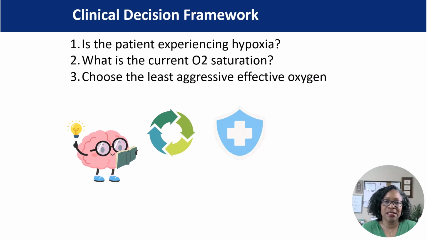Number two, if this patient is having hypoxia, how am I going to prove it? You're going to check an O2 sat. And third, what's the least aggressive intervention that will improve oxygenation? Because you don't want to give them too much. The NCLEX frequently rewards answers that provide safe escalation rather than jumping immediately to a more extreme treatment.